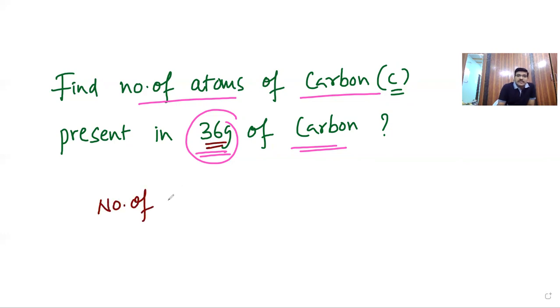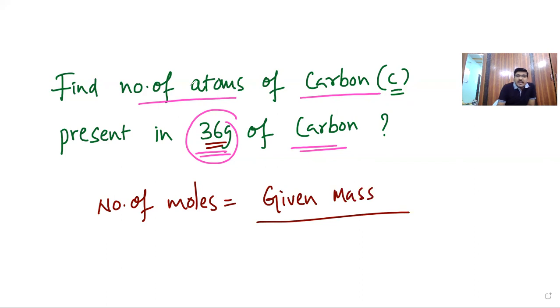Number of moles is equal to given mass divided by, since atoms are asked, atomic mass we have to use in the denominator, GAM, gram atomic mass, also known as molar mass. Given mass is 36 grams, and molar mass of carbon atom is 12 grams.